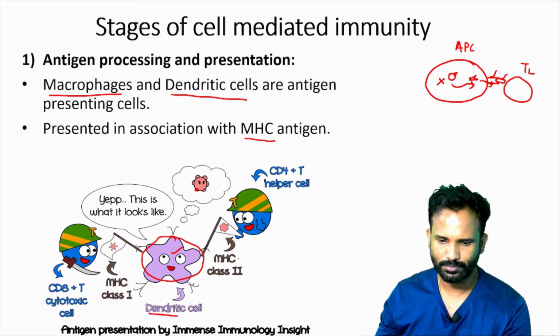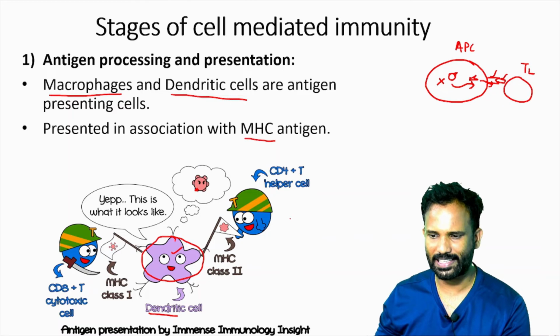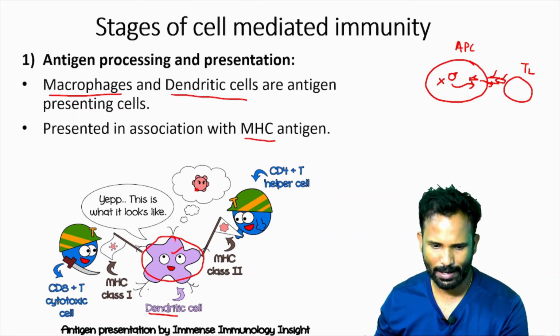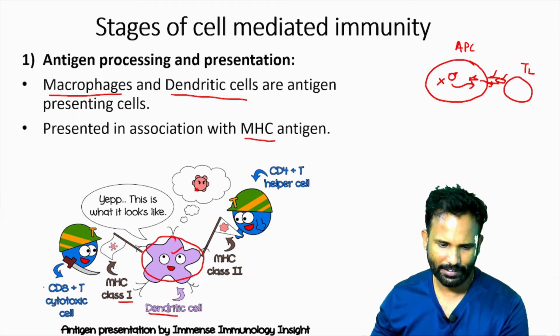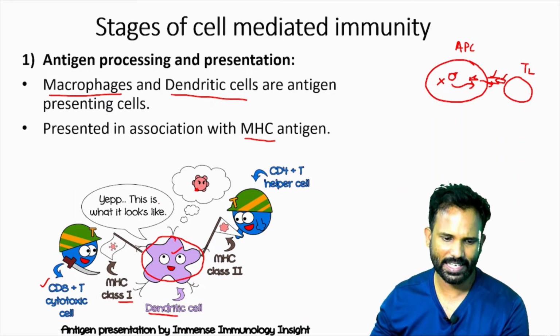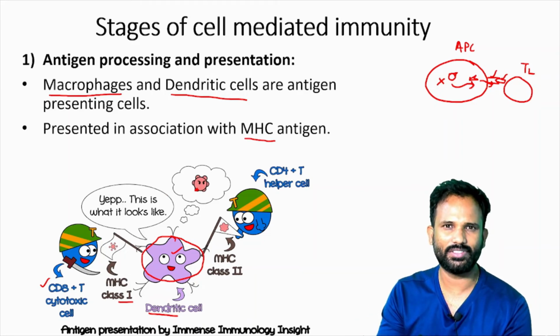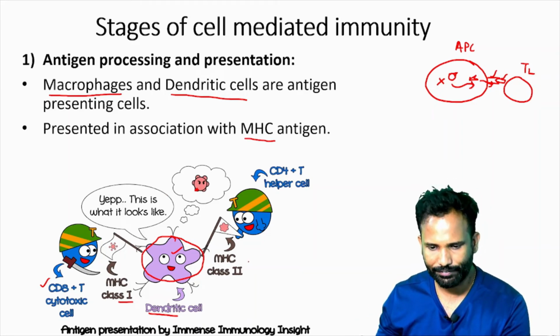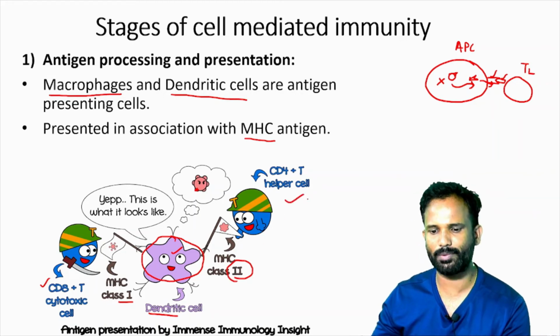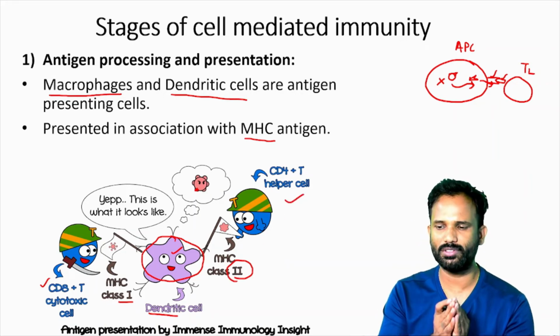Now based on what it is attached to, if it is attached to MHC1, it will be recognized by CD8, which is the T cytotoxic cell, cluster differentiating factor 8. If it is attached to MHC2, it will be recognized by the T helper cell or CD4 cell.